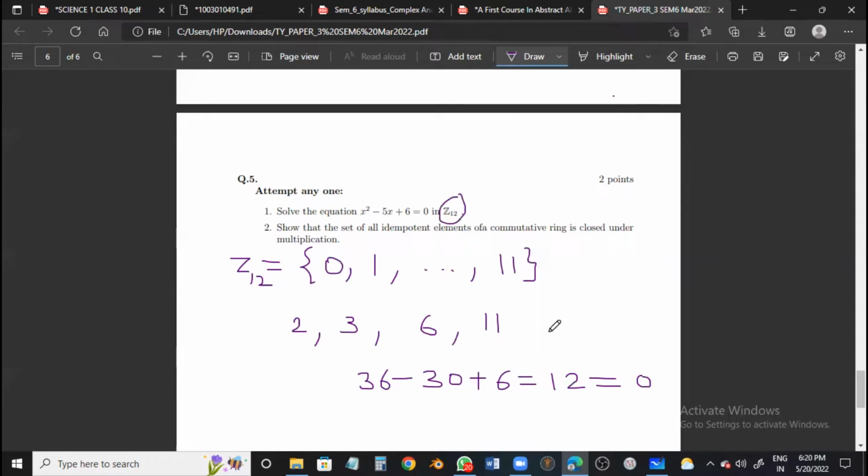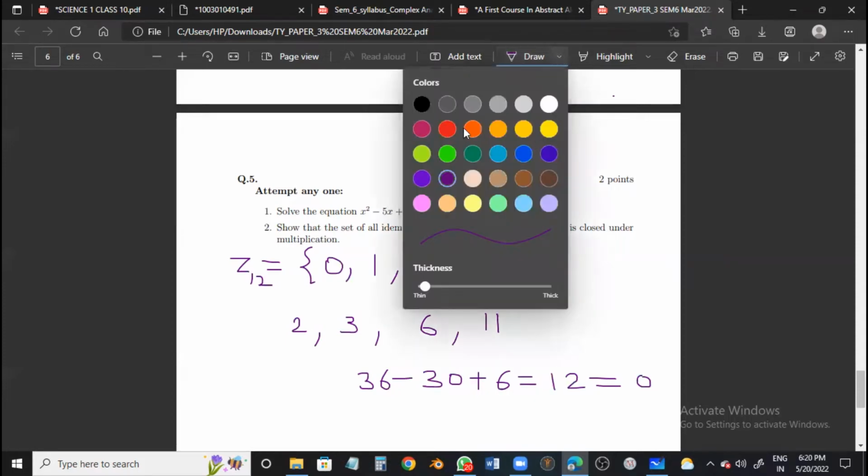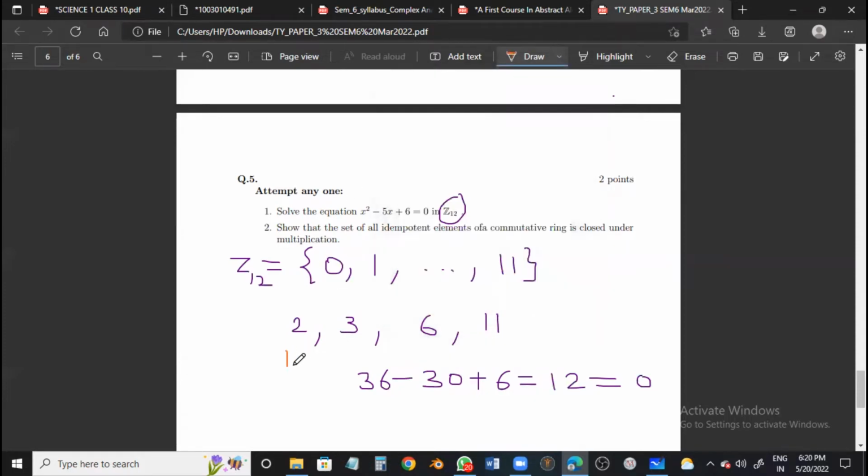Same way you can check for 11. What does 11 give you? 121. Am I right? 11 5s are 55. Plus 6. What you got in hand? 127 minus 55.